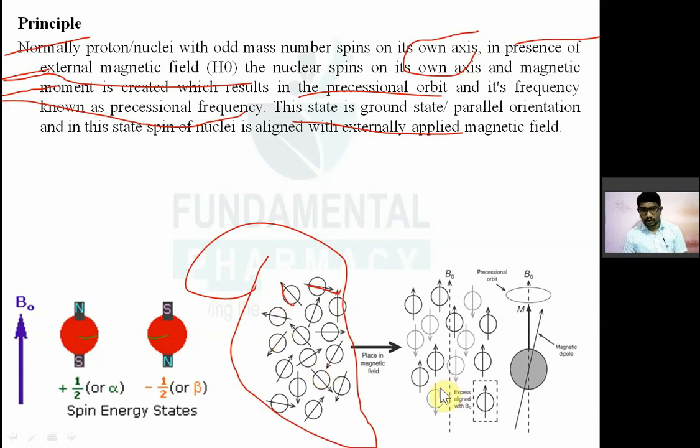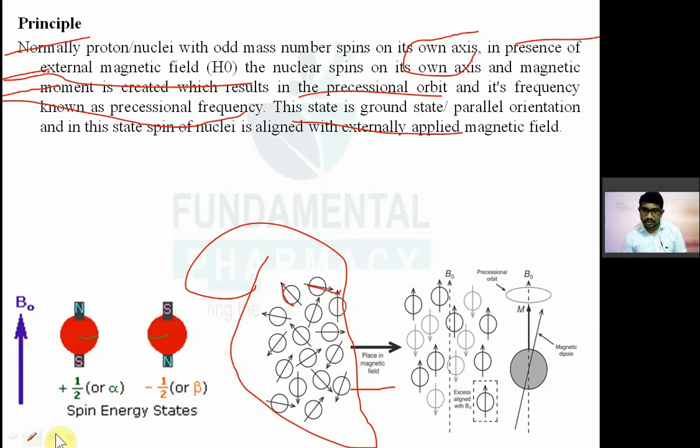Now if you place these nuclei in a magnetic field, with a magnet on two sides, known as an external magnetic field, these nuclei will either align or orient parallel with the magnetic field.